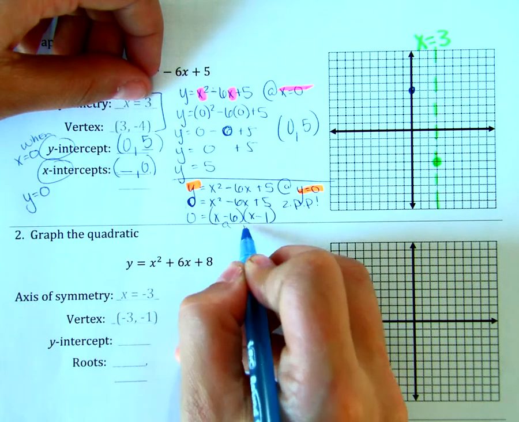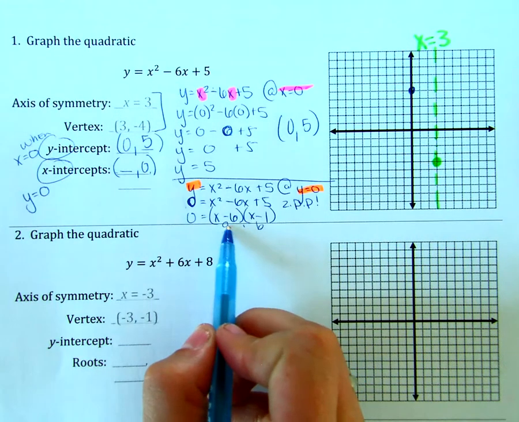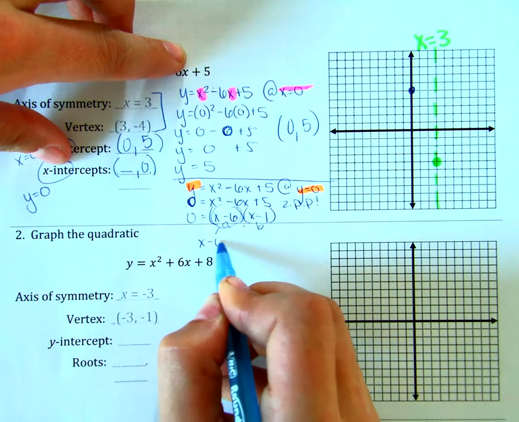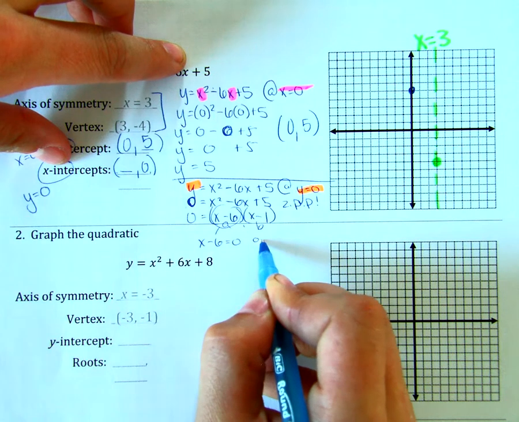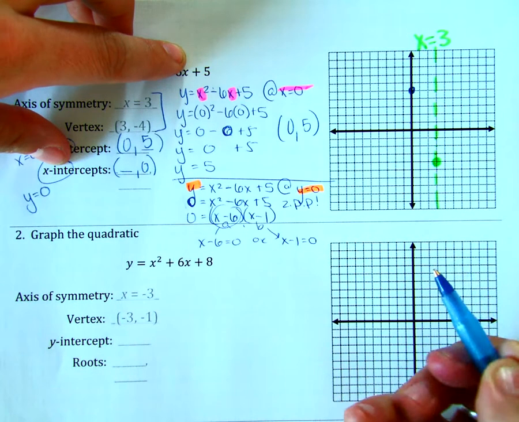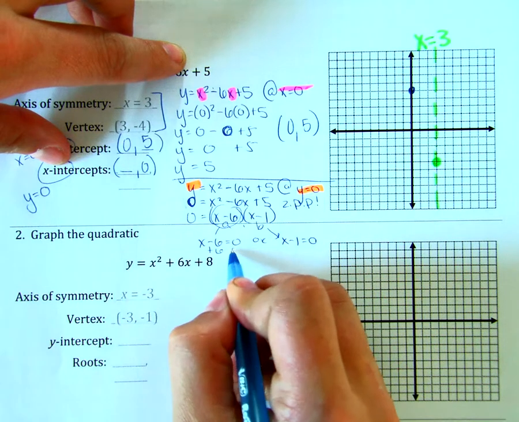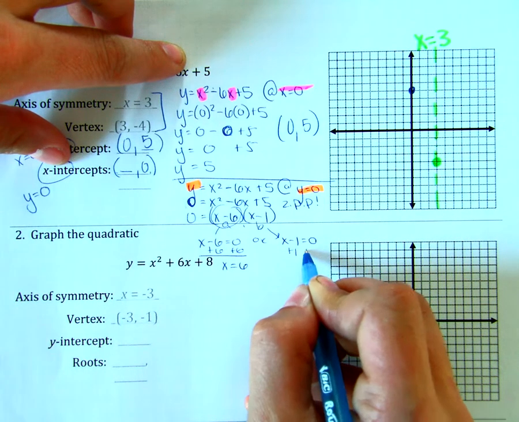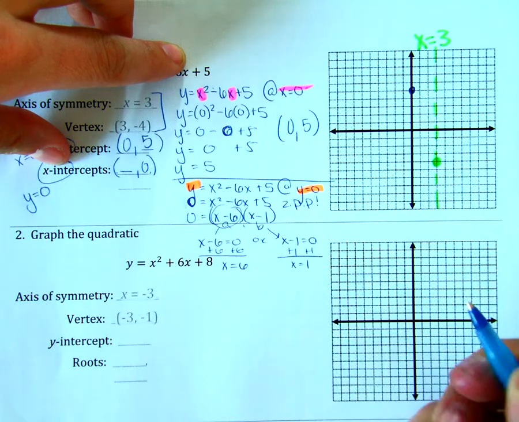And then the zero product property says that if a times b equals 0, then either a equals 0 or b equals 0. Add 6 to both sides, x equals 6, or add 1 to both sides, x equals 1.